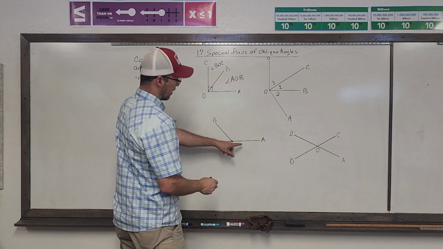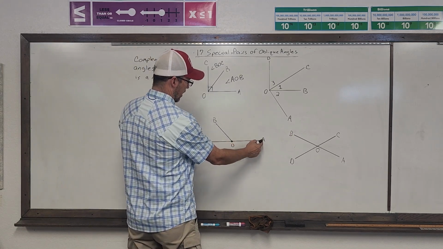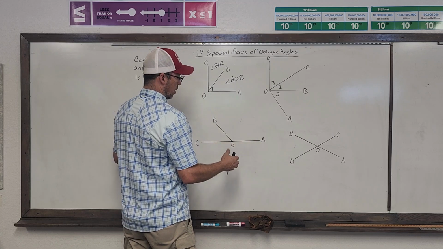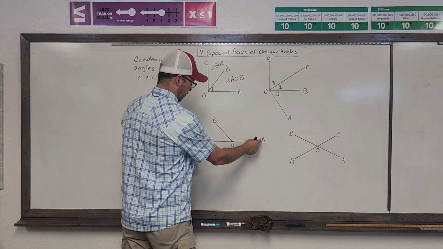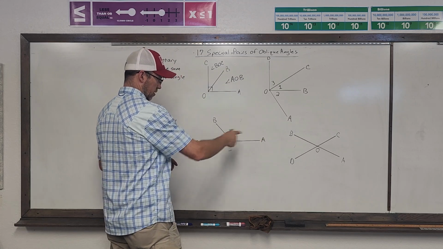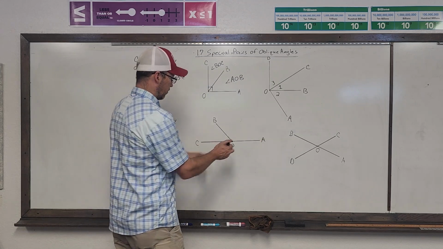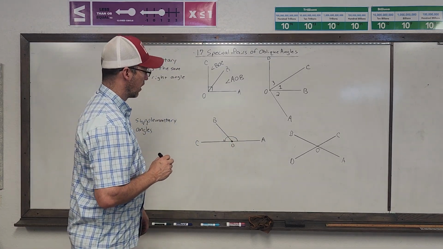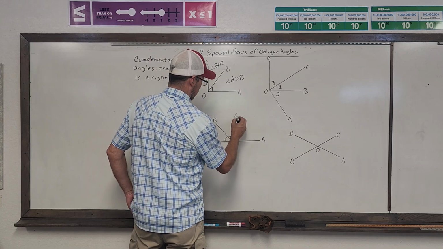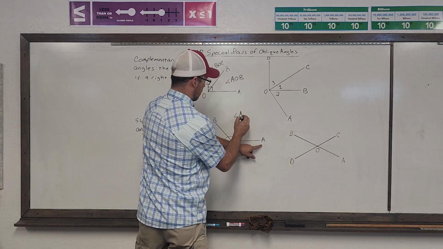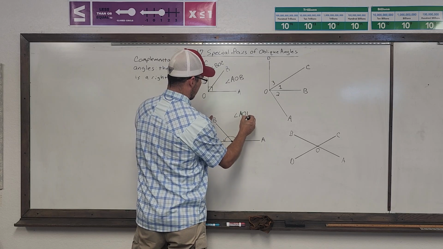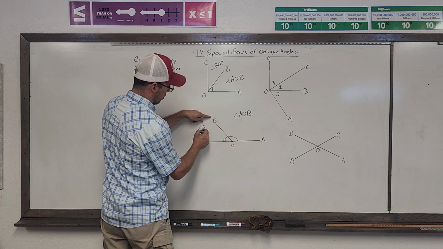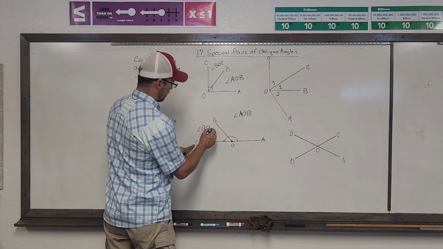Here I've got a straight line A to C and another straight line B to O. From A to C, I know that's a straight angle, because from here to here is a straight angle. So I have angle AOB, and over here I have angle BOC.